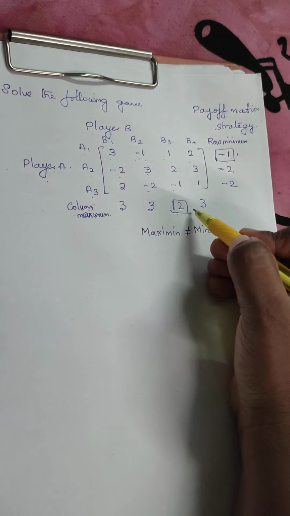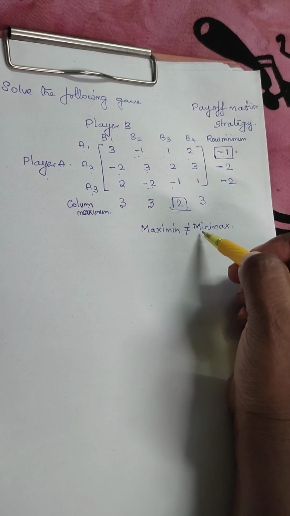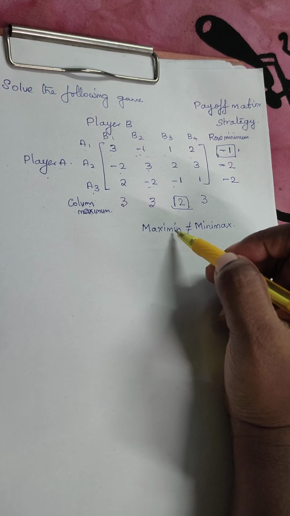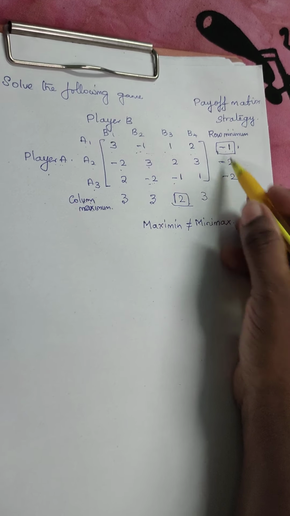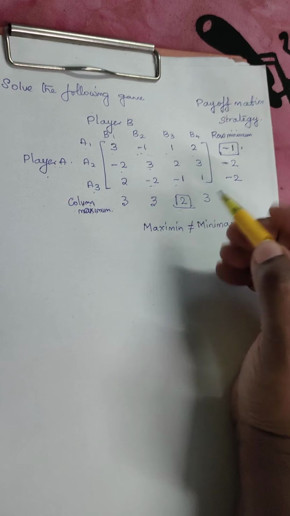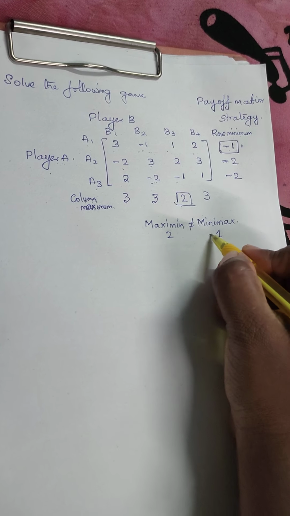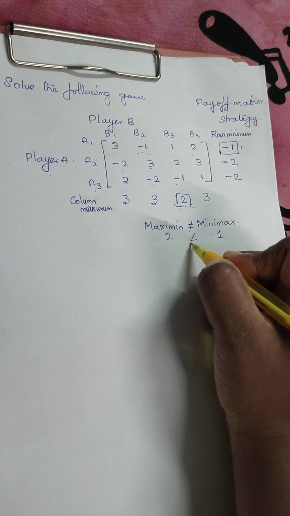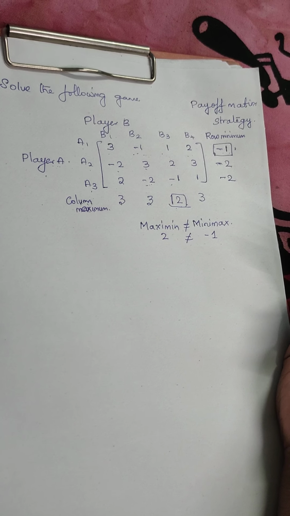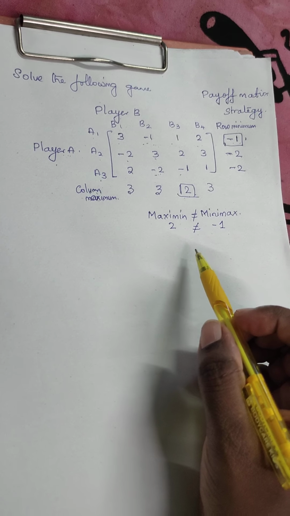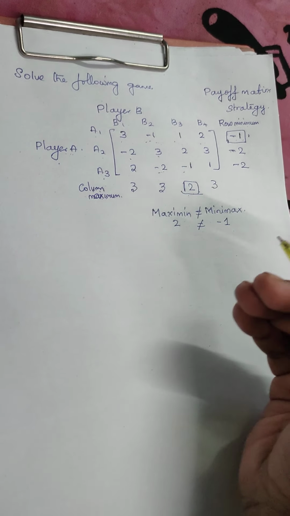The idea is maximum out of minimums, minimum out of maximums. So this is minimax, this is maximin. So this is 2, this is minus 1. They are not equal. Okay, so this game is a mixed strategy game.